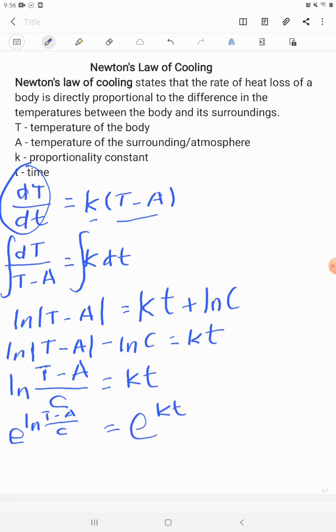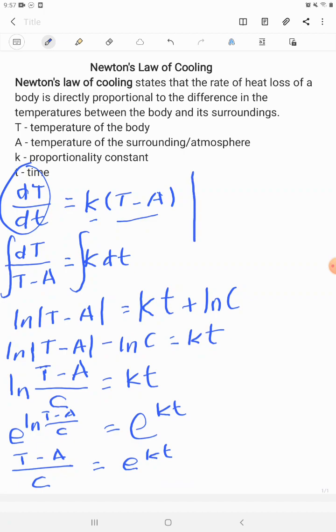Then this becomes T minus A over c equals e to the kt. The right side is still e to the kt, whereas on the left side the natural logarithm has been removed because it was raised to the base of the logarithm.